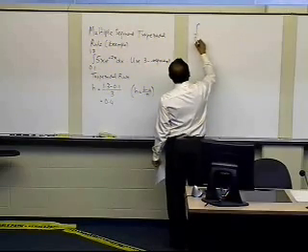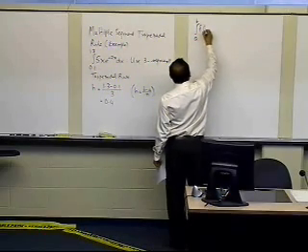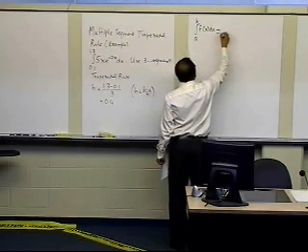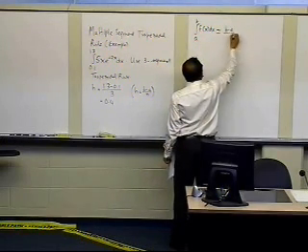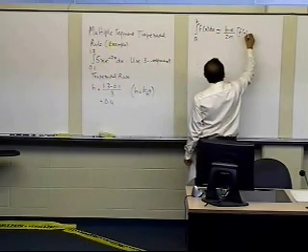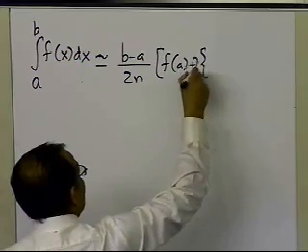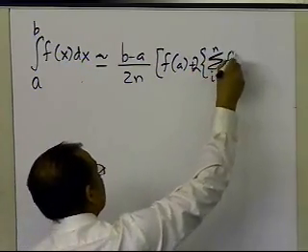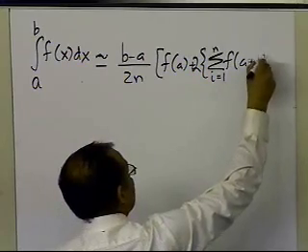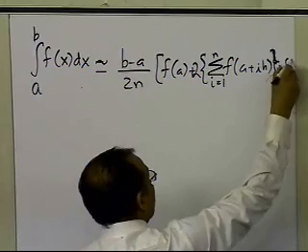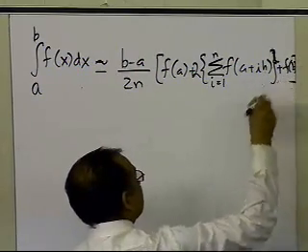So let me rewrite the formula here. We have the integral of f of x dx is approximately equal to b minus a divided by 2n times the value of the function at a, plus 2 times the summation of these values of the function, plus the value of the function at b.